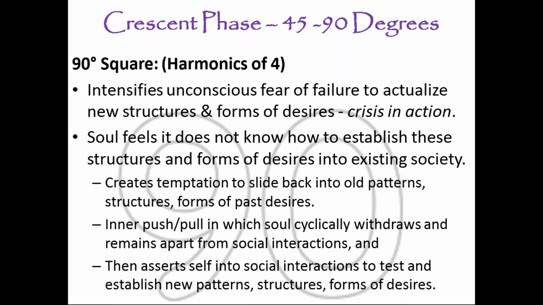I can't do it, I can't do it on the crescent side because it's new. It's a new desire nature relative to that natal Pluto signature. The soul hasn't been here before in this particular way. So can I take these desires and actually establish them and create them in society?